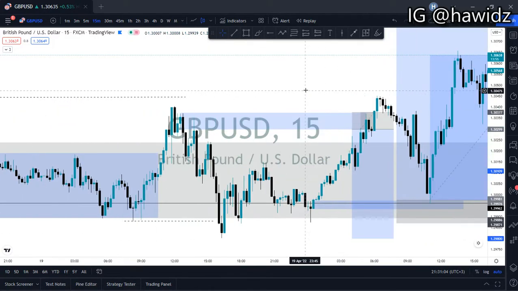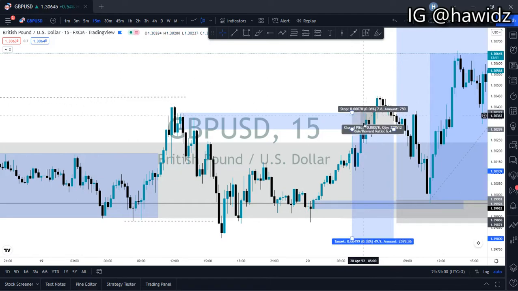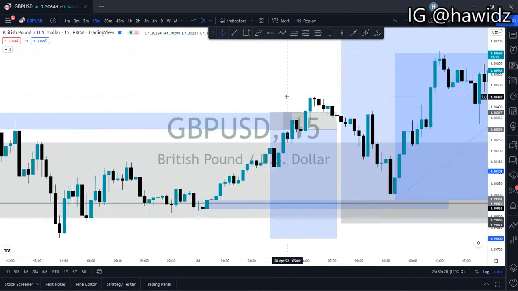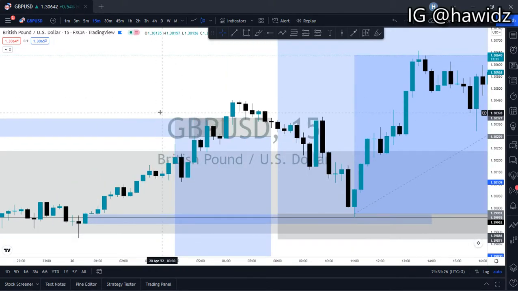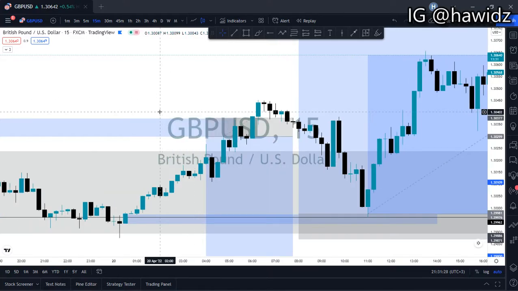Okay, so look at what price does. Price comes, it gives this dumb trader some sort of confirmation with this harami candle, and then look at the volume that came with this bullish candle to take them out, right? As you can see, this candle barely has any wicks.